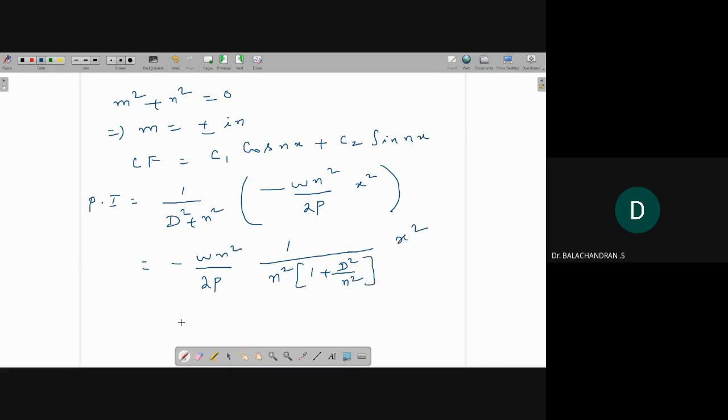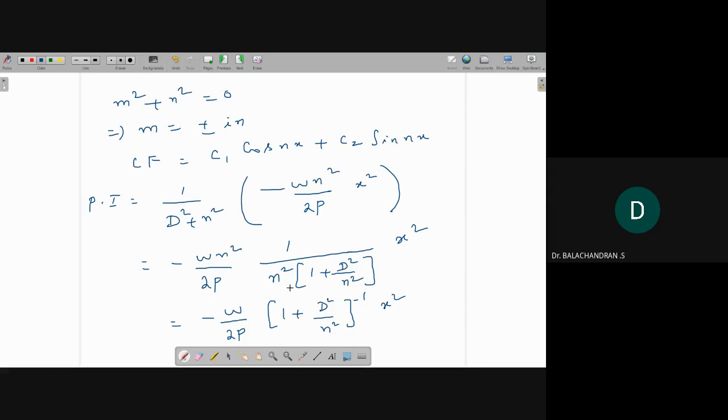So from this we can write, cancelling n square, minus omega by 2P into 1 plus d square by n square whole power minus 1 into x square.